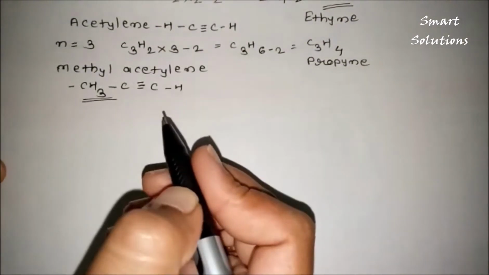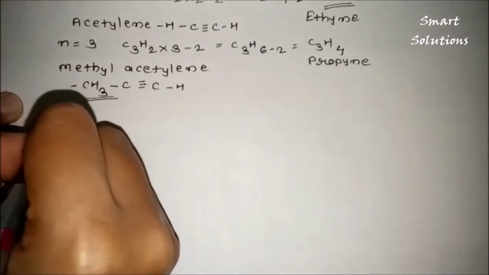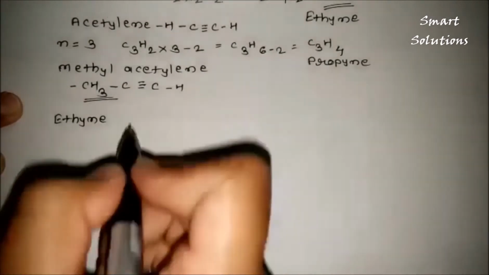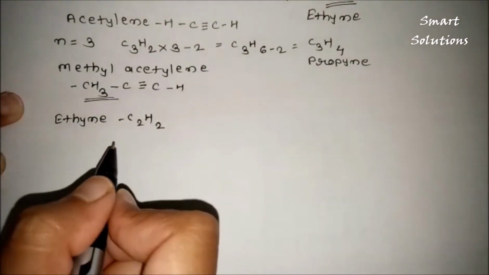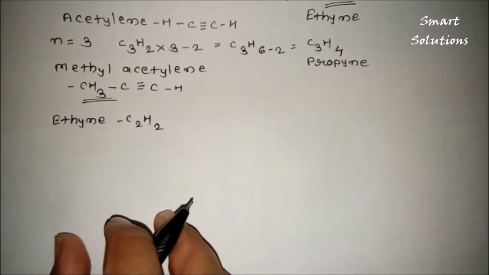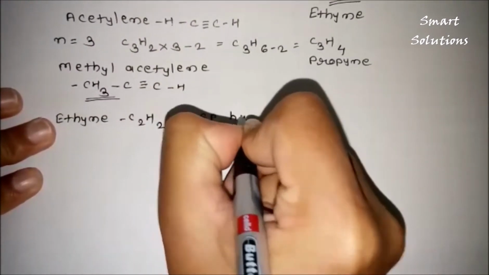Next we will see the hybridization of alkyne. So ethyne, that is C2H2. In this ethyne, each carbon atom undergoes sp hybridization.